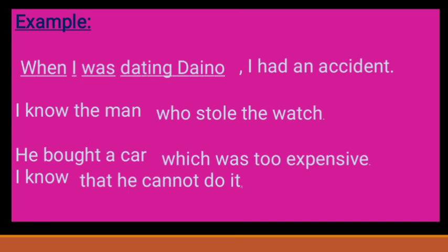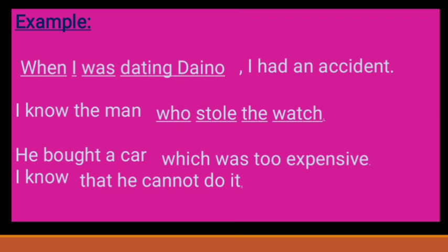Here, I had an accident is an independent clause. The next sentence that we have is, I know the man who stole the watch. Which of these clauses is a dependent clause? You're right. In this sentence, who stole the watch is the dependent clause. I know the man is an independent clause.